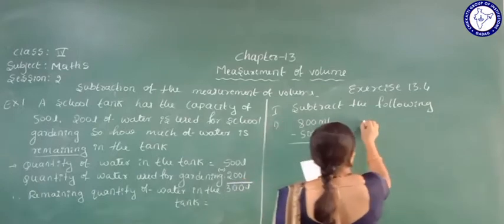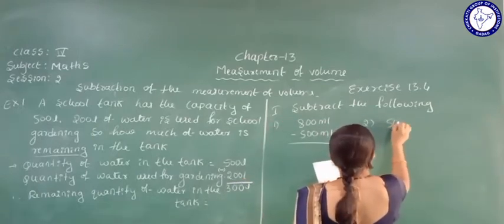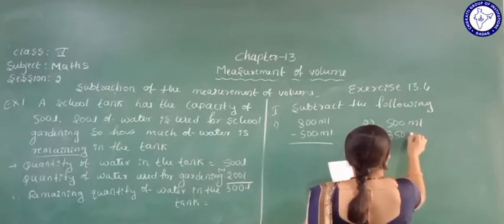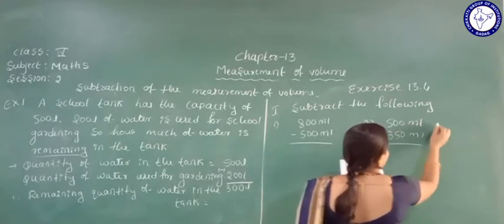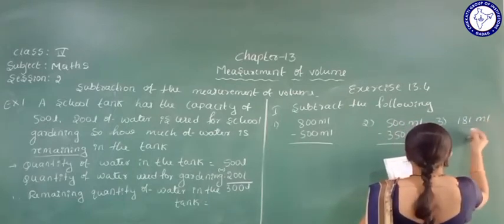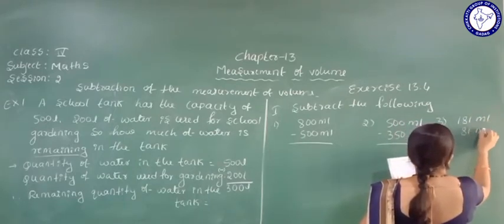Second one, 400 ml minus 350 ml. Third one, 181 ml minus 81 ml.